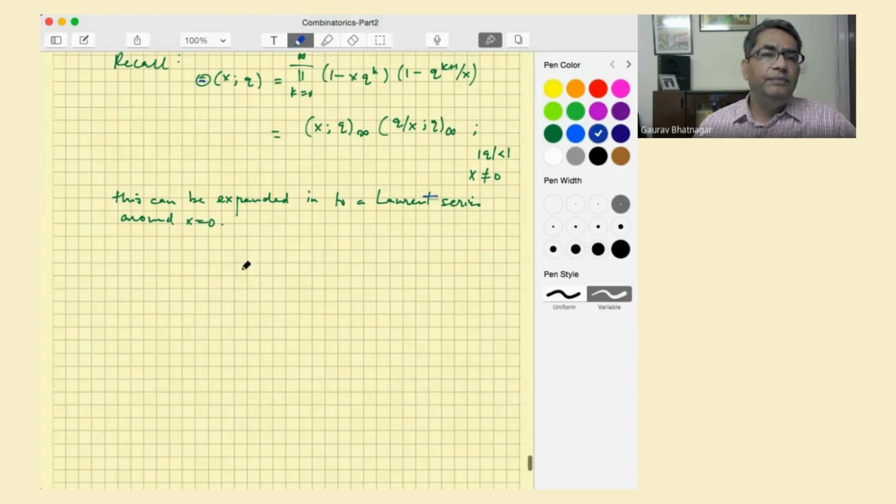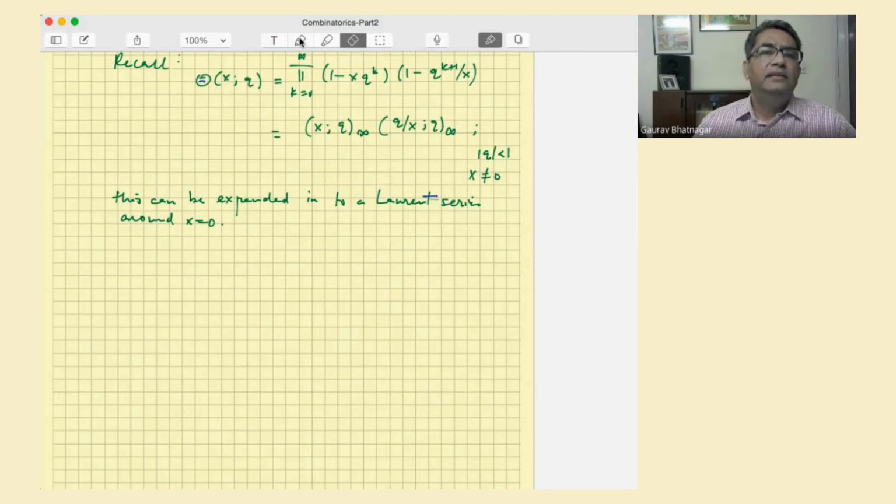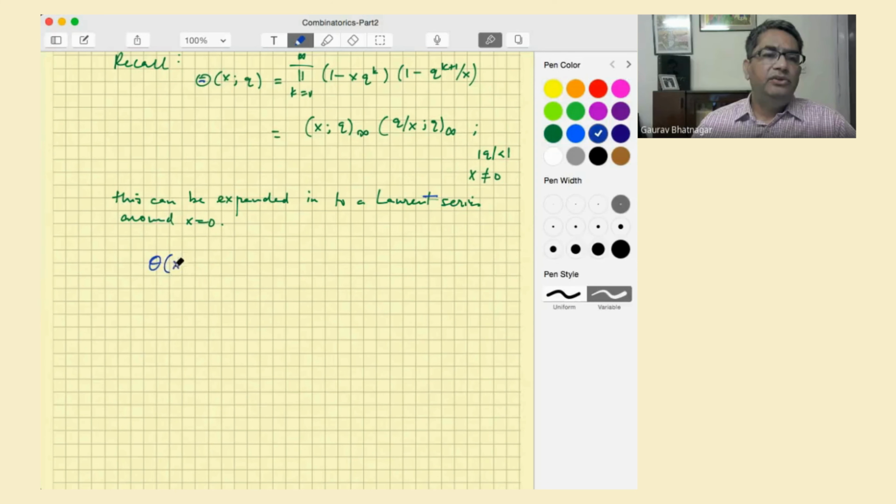In any case, what we know is that this can be written as a Laurent series, and so this theta(x, q) can be written as something of this form. It's not z, it's x.